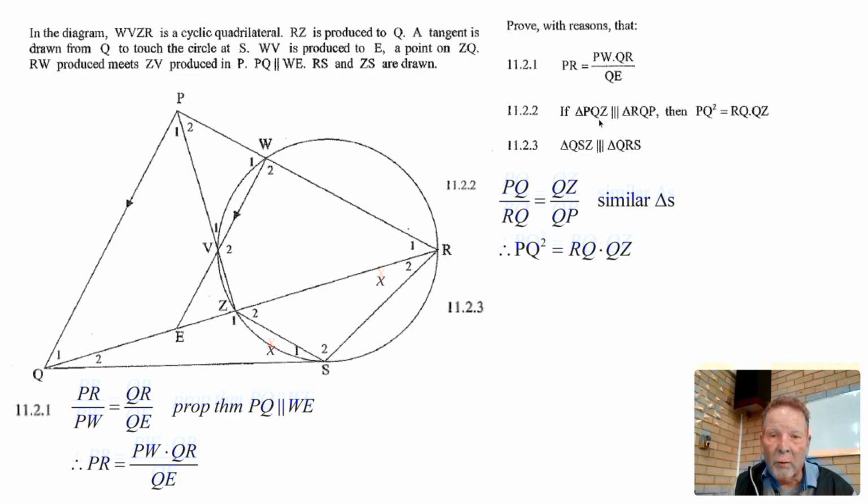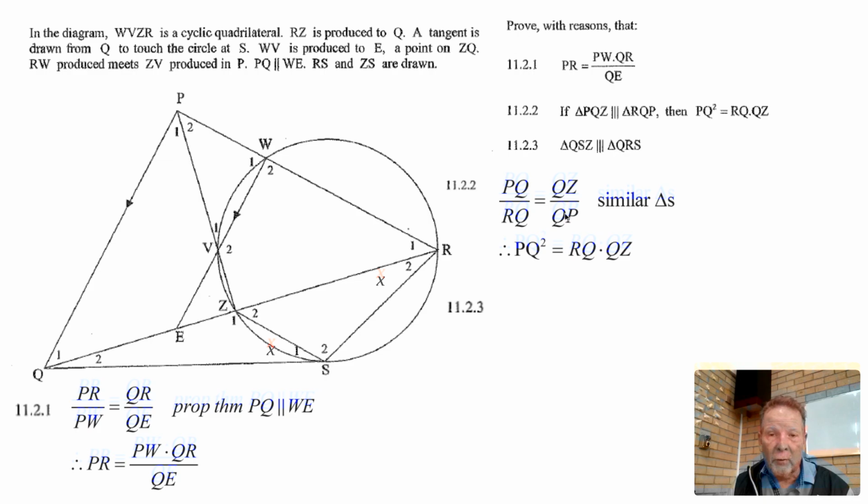We've got PQ goes with RQ the way QZ goes with QP. Just put the letters in the places that they appear in the three letters in the triangle. If they're next to each other, you can just make ratios out of them.